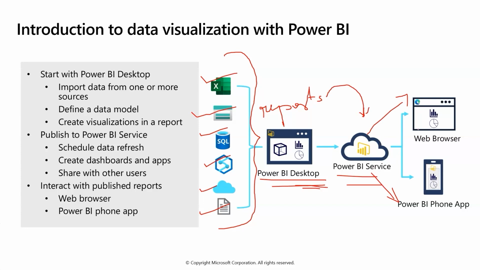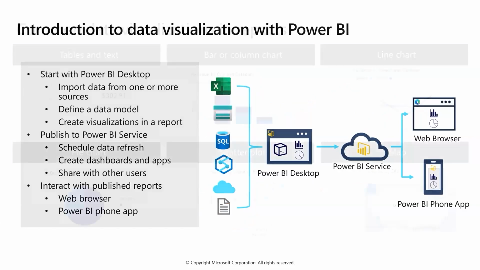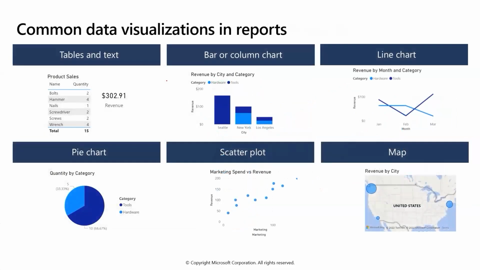And if you want to have a glimpse about how your data visualizations look like, here is a view about it. So if you want to go ahead and create it in the form of a report, you would prefer using tables and text. So this is called as a table visual and this is a card visual.